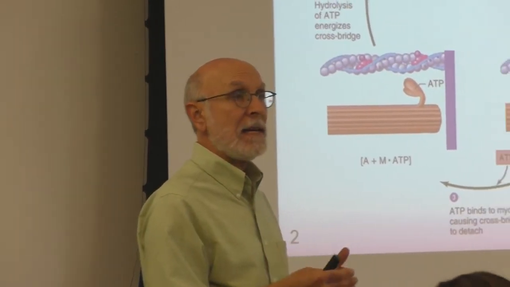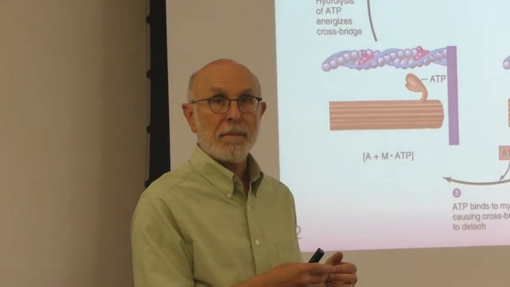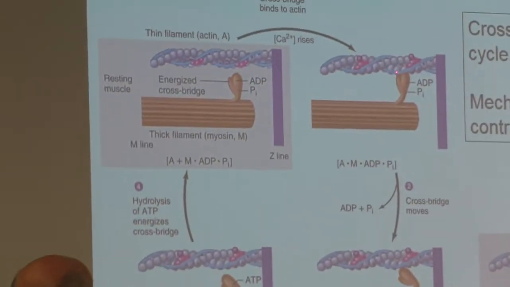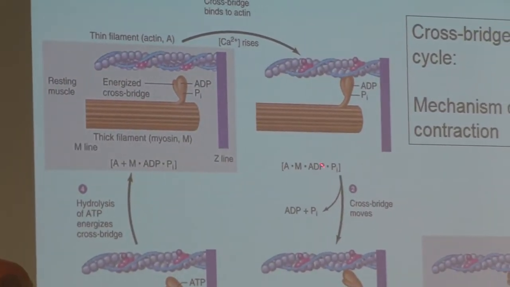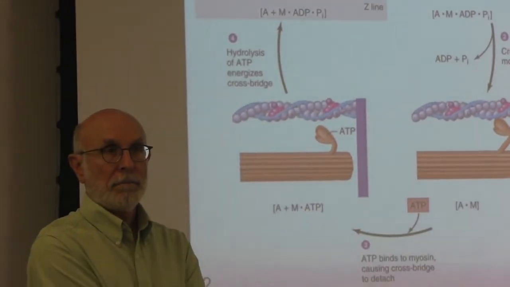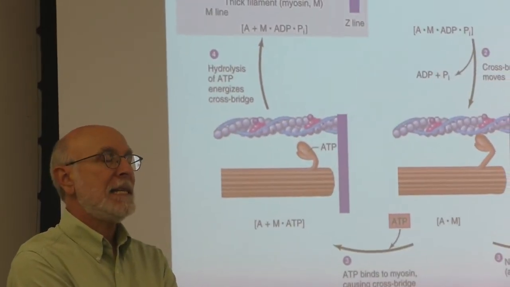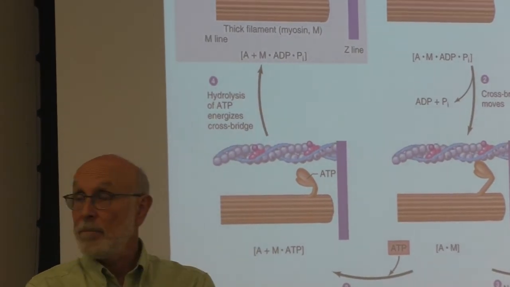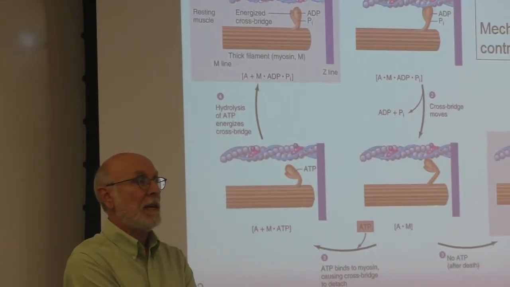Myosin now can and does interact with actin. That interaction causes myosin to let go of its bound ADP and phosphate. I said it wrong at first; it is ADP and phosphate.